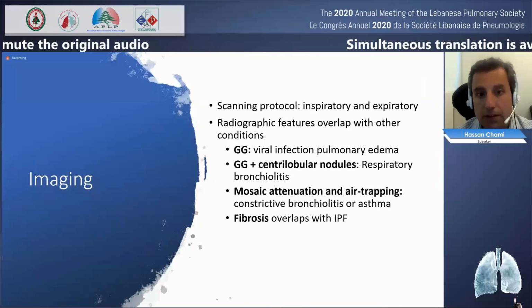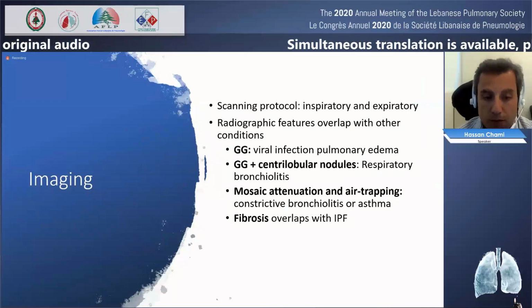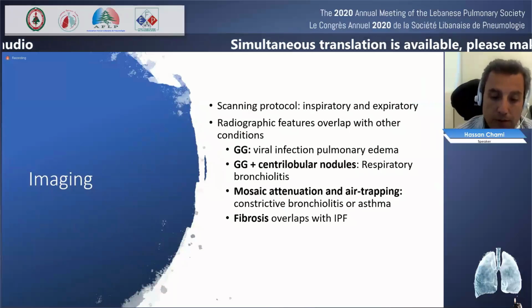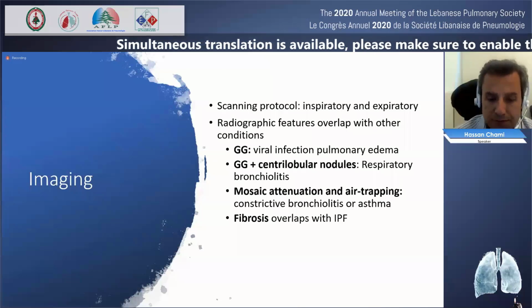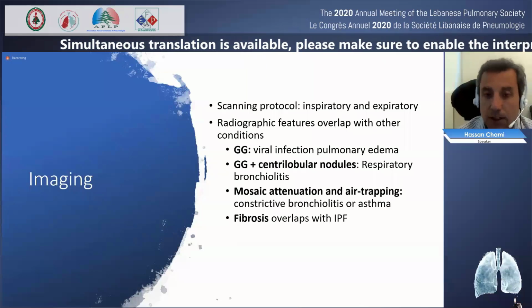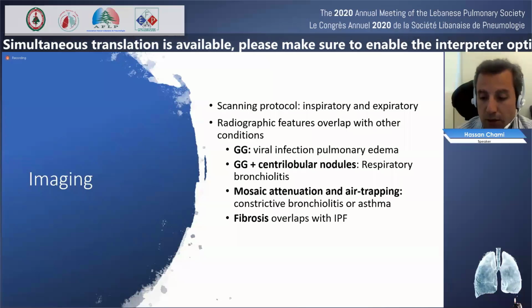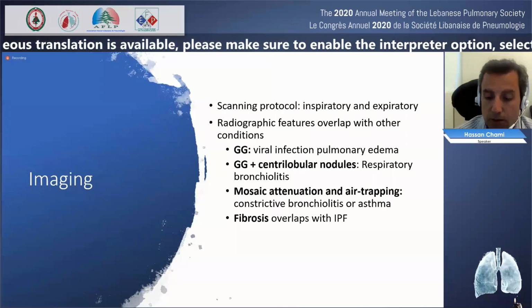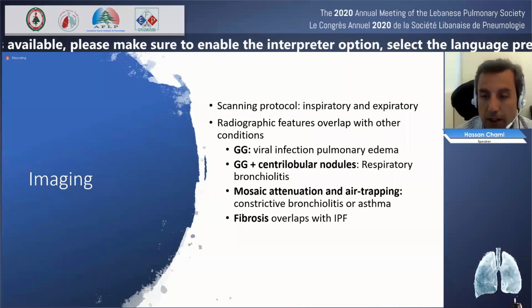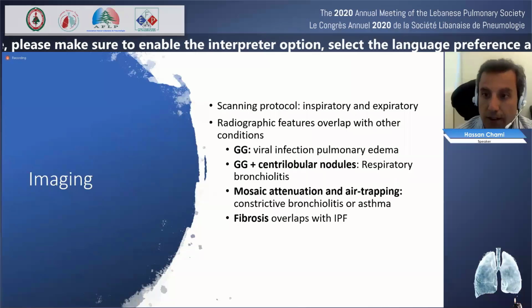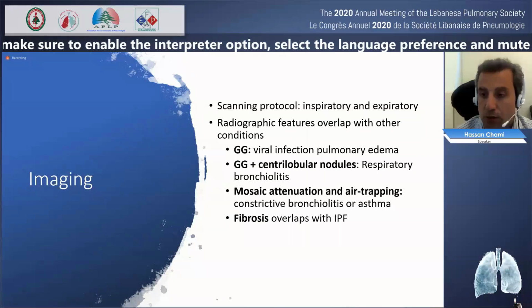The imaging is probably the most important tool to first help us suggest the presence of hypersensitivity pneumonitis. The guidelines recommend a similar protocol as recommended for the diagnosis of idiopathic pulmonary fibrosis, and they emphasize the importance of getting both an inspiratory and expiratory film.